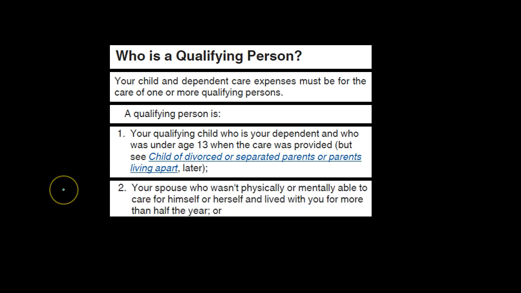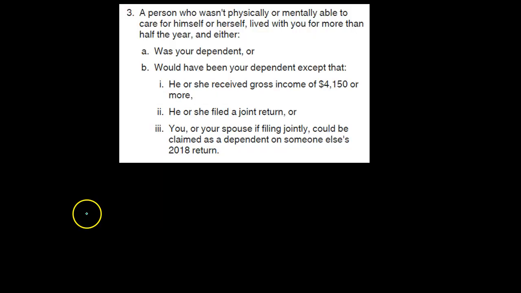Number two, your spouse who wasn't physically or mentally able to care for himself or herself and lived with you for more than half of the year. So the spouse, husband or wife, could be there, but only if they're physically or mentally not able to care for themselves and live with you for more than half of the year.